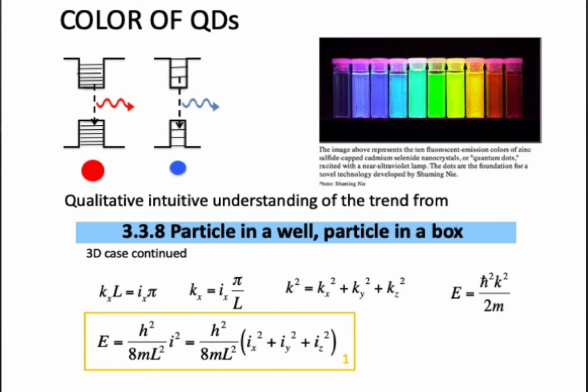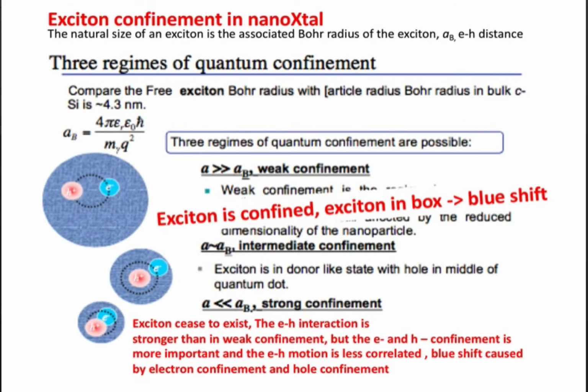Note that you will additionally have lowering of energy by excitons, and exciton states for that matter are not included here. For typical semiconductors, the exciton binding energy is small compared to the kinetic energy for strong confinement. But in what we call weak confinement, the blue shift is given by confinement of the exciton.